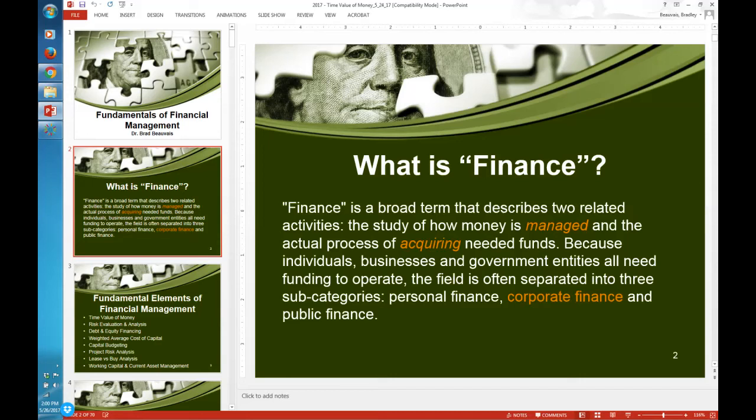And of course, the same concept extends into our personal finance realm, especially as we start talking about investments of any kind, whether that's real estate, a stock, a bond, what have you, as well as into public finance.